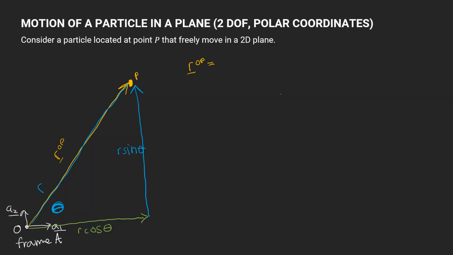And thus, when we write out this vector, we say that ROP is equal to R cosine theta A1 plus R sine theta A2.